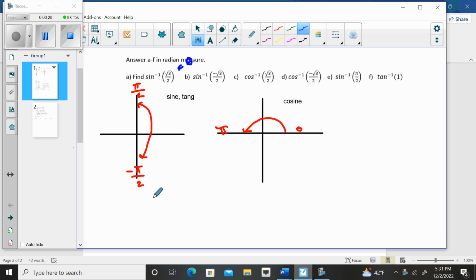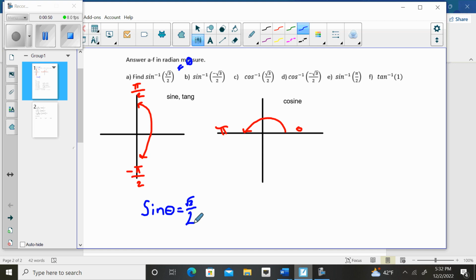And I think it's wise to write it like this, right? Switch the x and the y and go back to sine, not inverse sine, but sine, and recognize that this is saying what angle has a sine of radical 3 over 2.